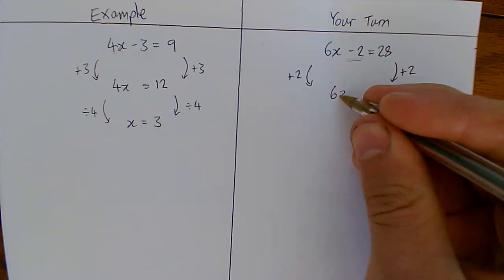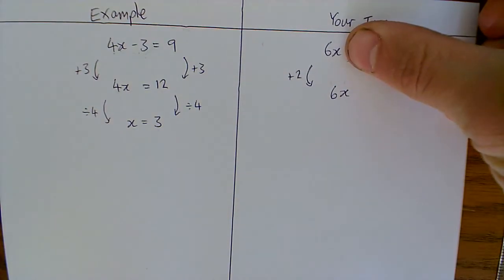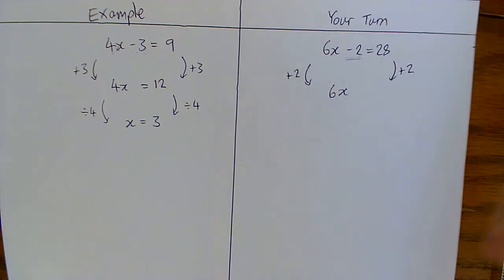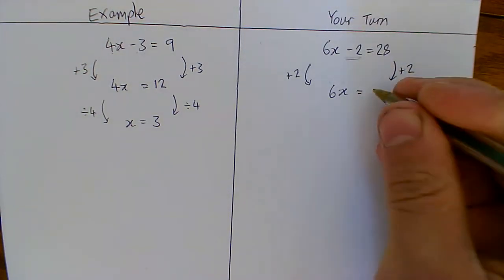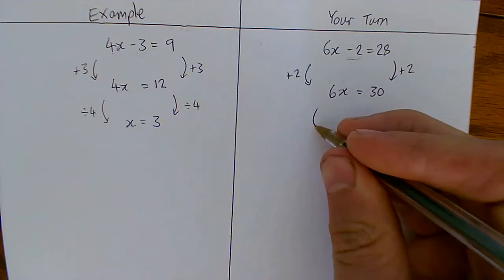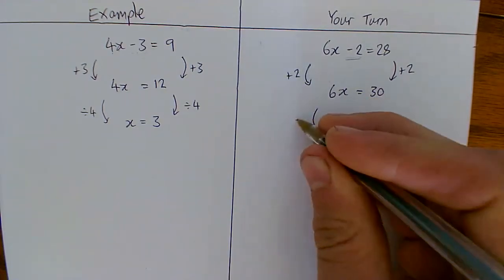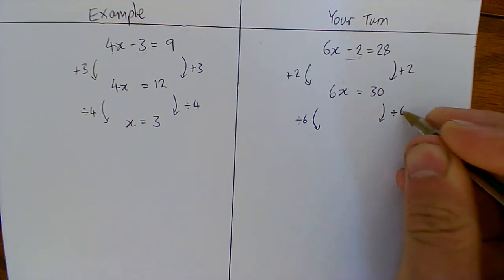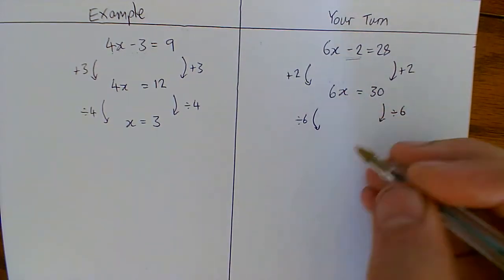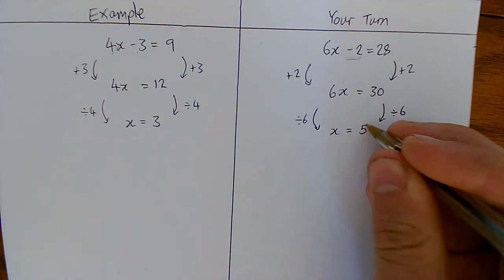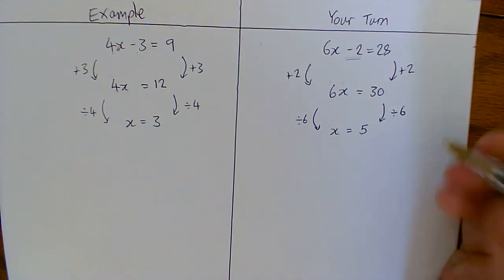That leaves us with 6x on that side, because the takeaway 2 and the add 2 cancel out, and we get 6x. 28 add 2 is 30. The opposite of 6 times x is to divide by 6. 6x divided by 6 is just x, and 30 divided by 6 is 5. And so we've got our answer.